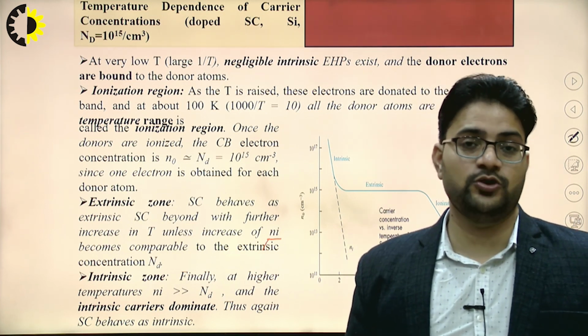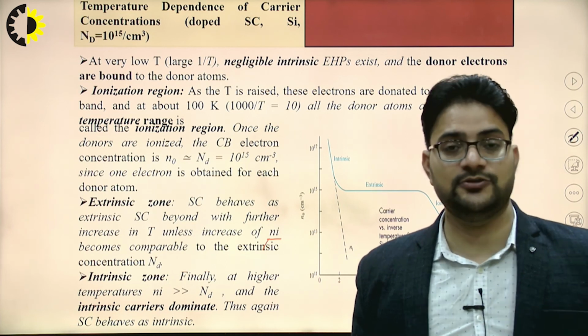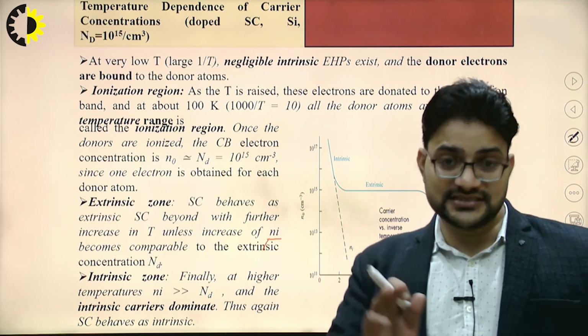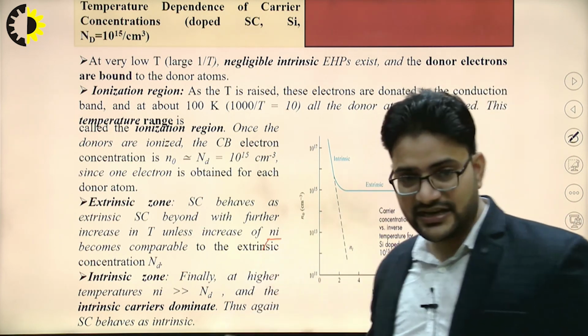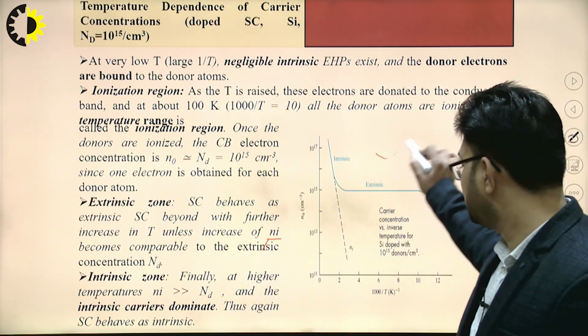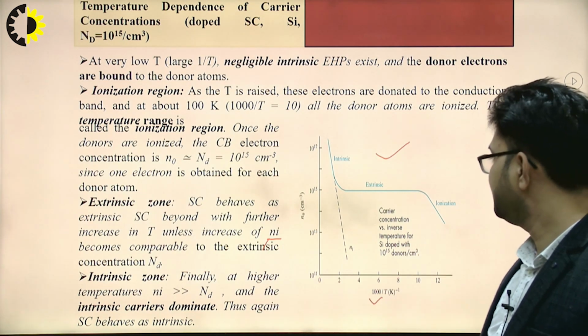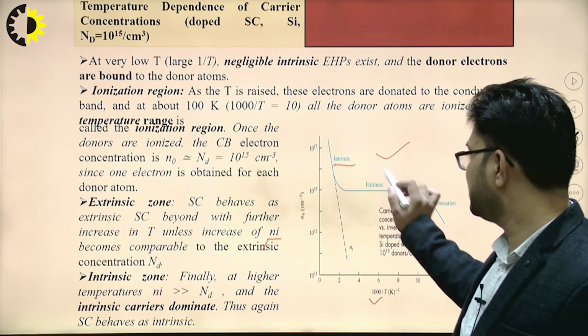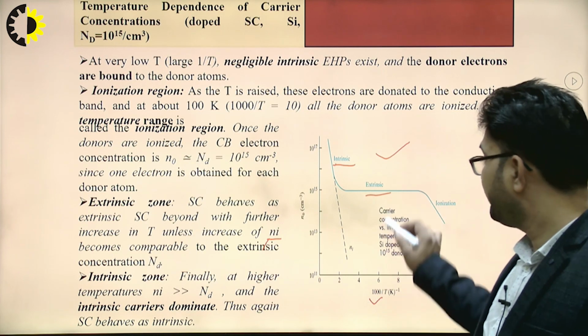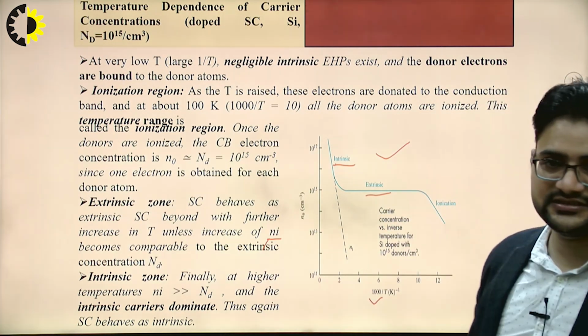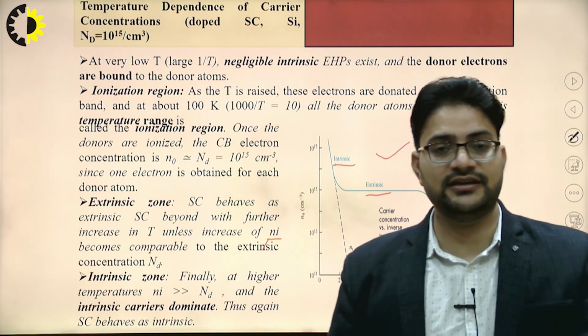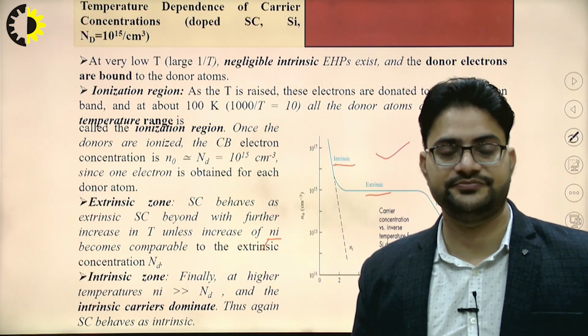This temperature is called the Curie temperature. Above the Curie temperature, the extrinsic semiconductor will become an intrinsic semiconductor. This is as shown in this graph also. If temperature is increased, first the semiconductor behaves as extrinsic, and further, if we increase the temperature, the extrinsic semiconductor will behave like an intrinsic semiconductor.